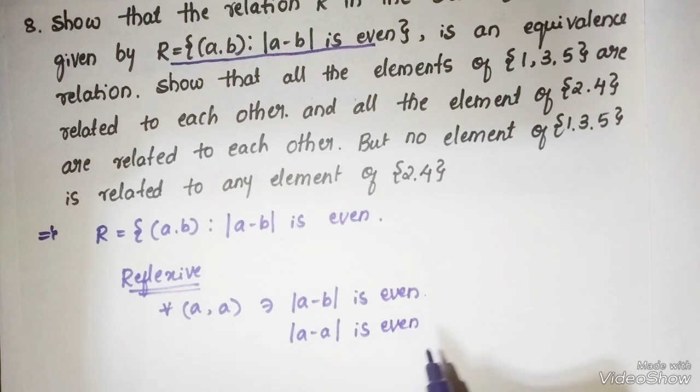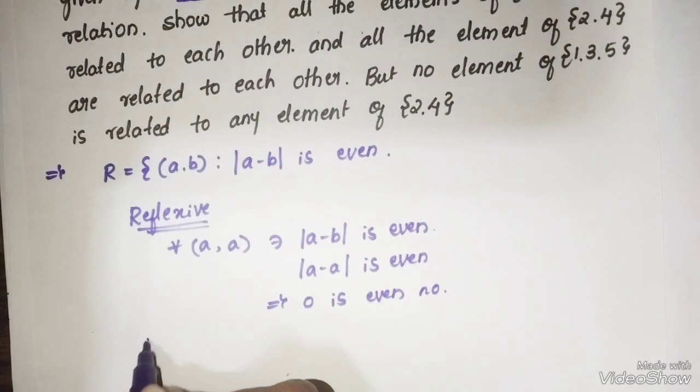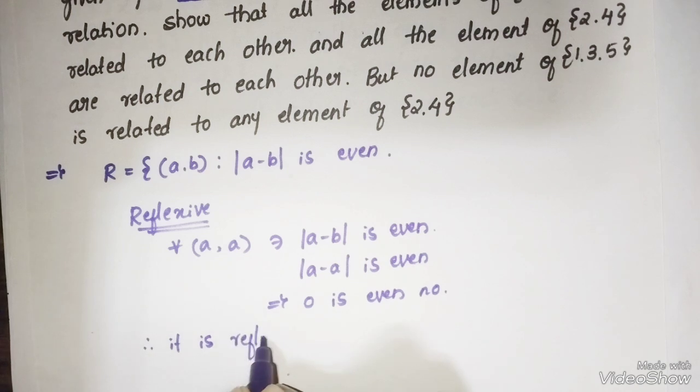Here a minus a means 0, and 0 is an even number. Therefore, it is reflexive.